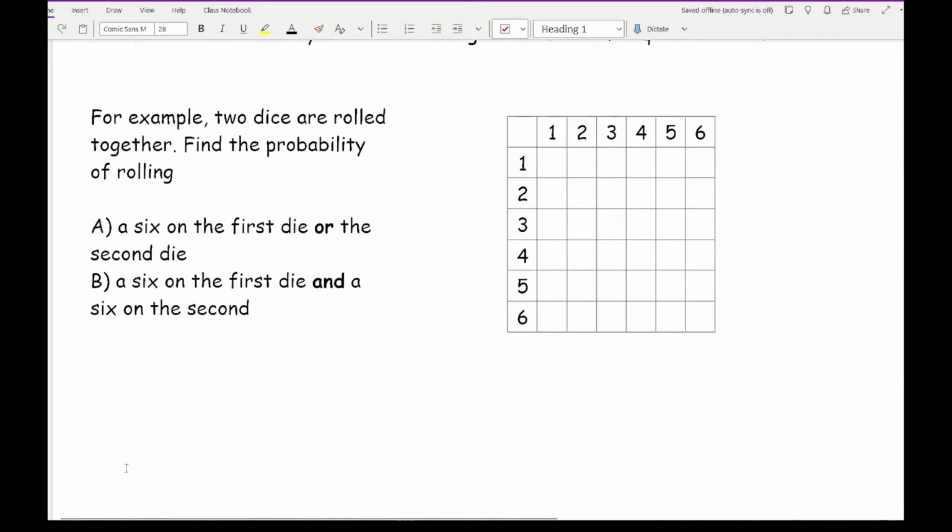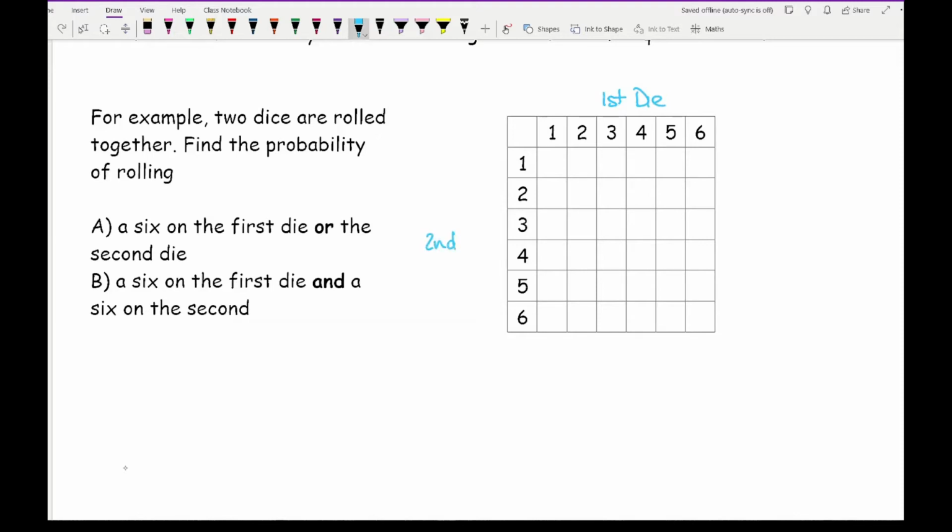So for example, let's just imagine that we are rolling two dice and we're just going to see what they are. Obviously if we're looking for a 6 on the first die or a 6 on the second die, let me label this as the first die and this as the second die.